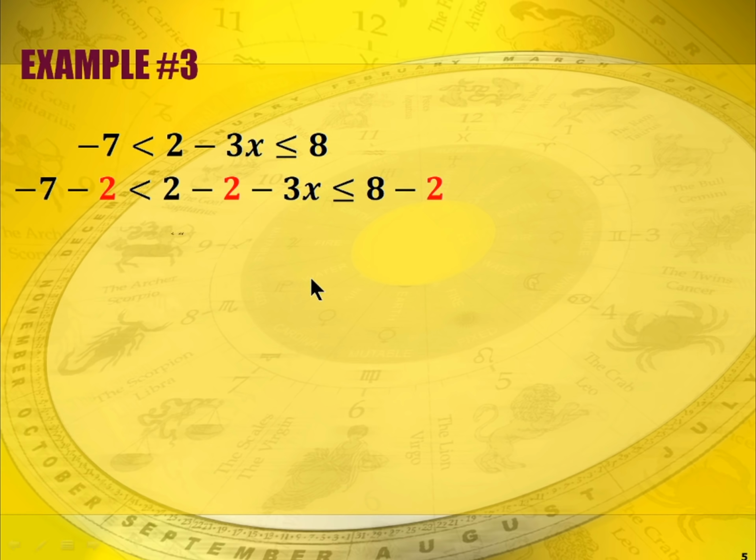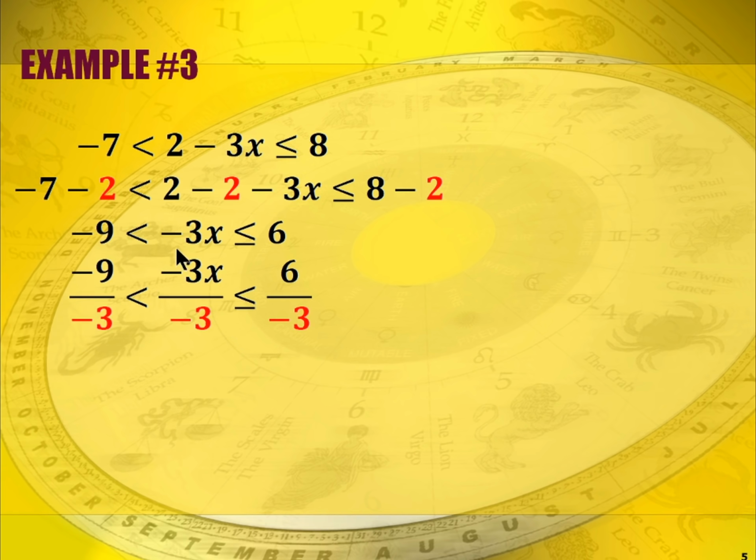By simplifying, we have 0, so bring down negative 3x at the middle, 8 minus 2, that's 6, and negative 7 minus 2, that's negative 9. Now, to eliminate negative 3, we are going to divide negative 3 from the middle, the right, and the left.